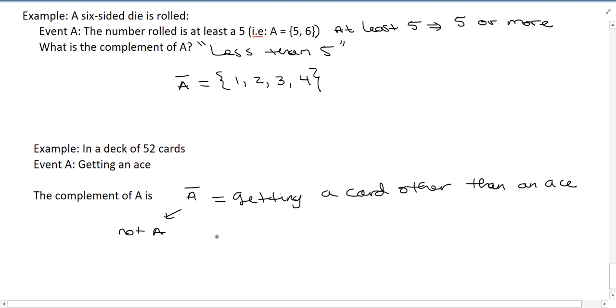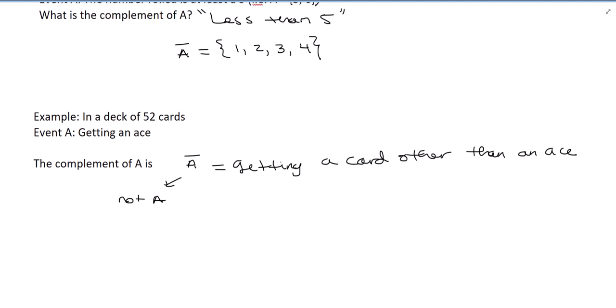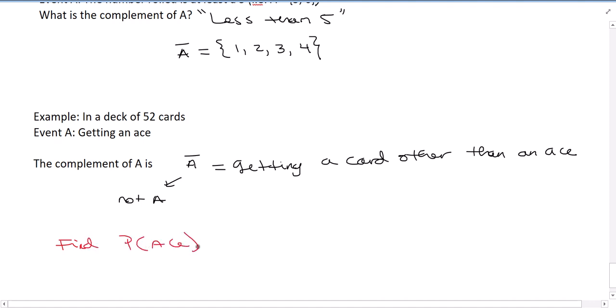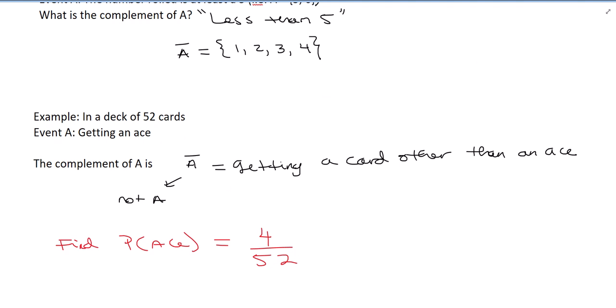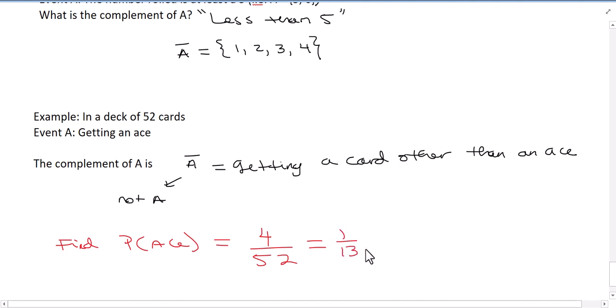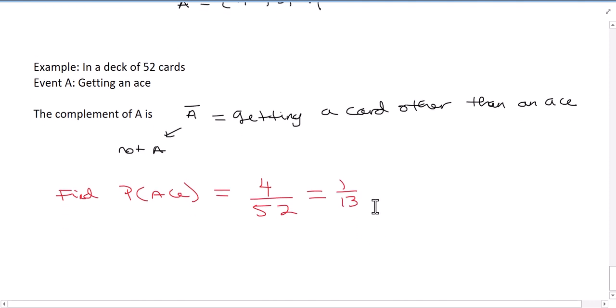So in terms of probability, what does that tell us? What if I say find the probability of getting an ace? Back to the deck of 52 cards, there are 4 aces, right? So it's going to be 4 out of 52, and we can reduce that to 1 over 13. What about the probability of not A, the probability of not getting an ace?